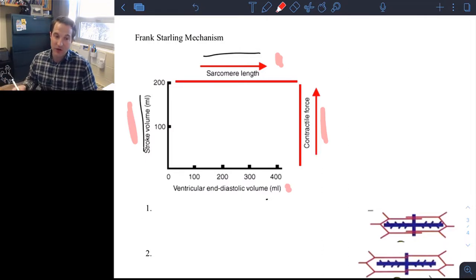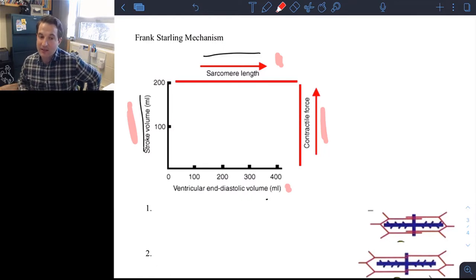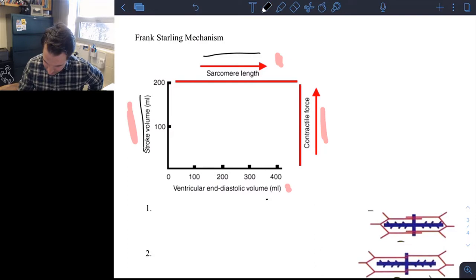So let's start it off, and we'll start with an end diastolic volume of about 100 mLs. And we'll draw a line right there. So what this tells us, at point number 1, we have pretty low end diastolic volume and pretty low stroke volume.